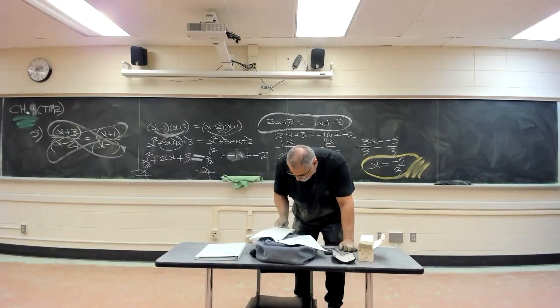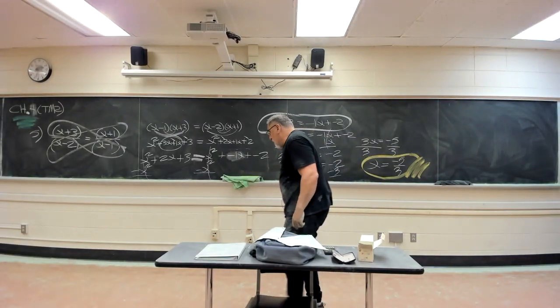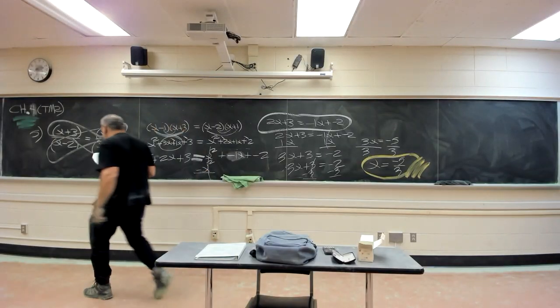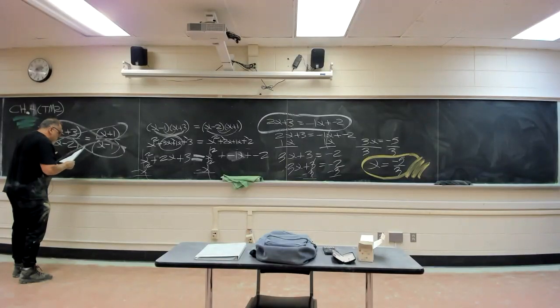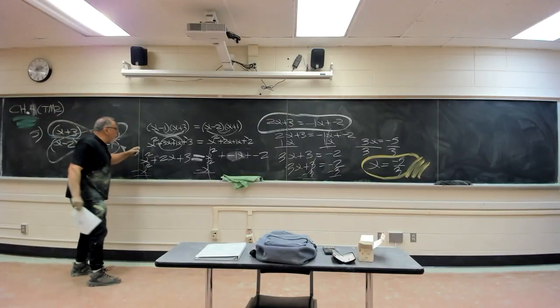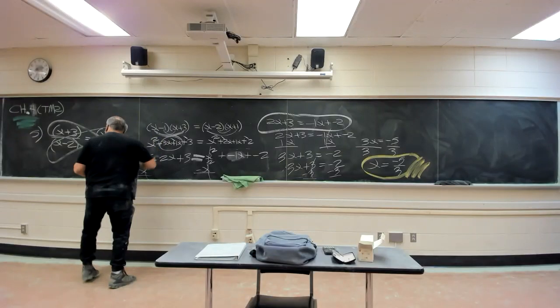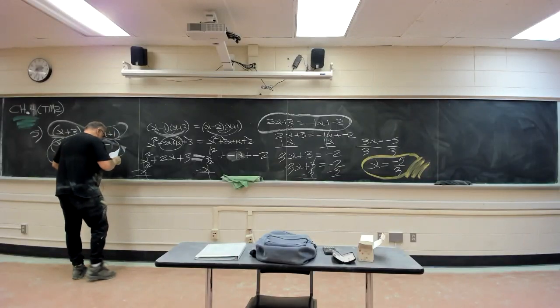I know they thought this out really well, so I just don't want to go there. x plus 3 over x minus 2. Let's make sure I got the right problem on here, guys. We've got x plus 3, x minus 2, x plus 1, x minus 1.